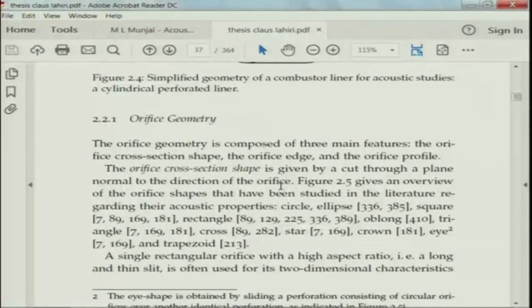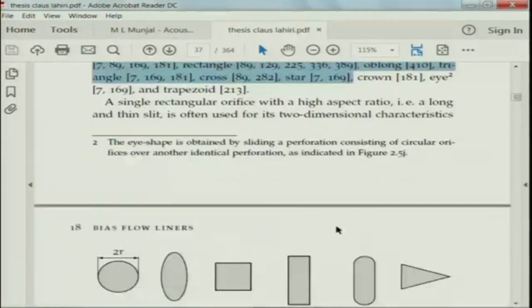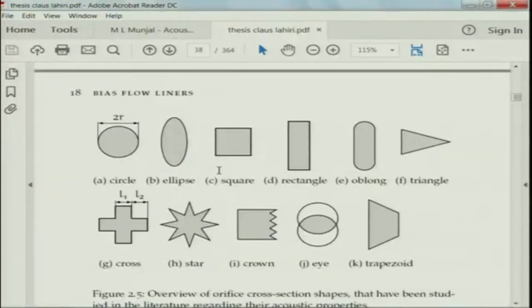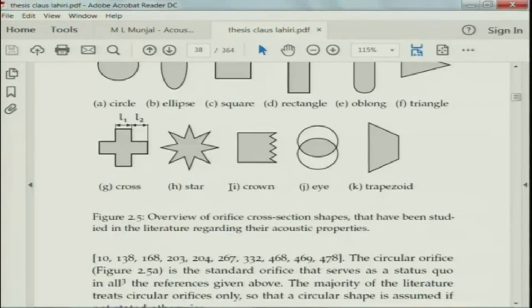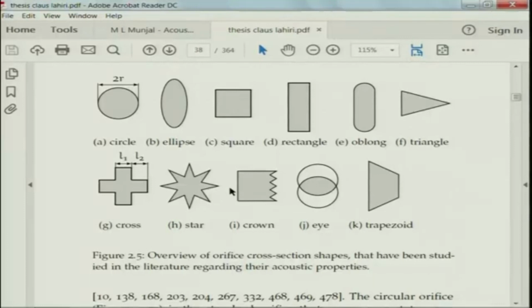A lot of them have been studied, like circular, elliptical, square and so on. He has drawn some nice schematic views of different orifice shapes, or the shape of holes drilled through pipes, and each of them has different acoustic properties. That is, the shape definitely affects the perforate impedance.